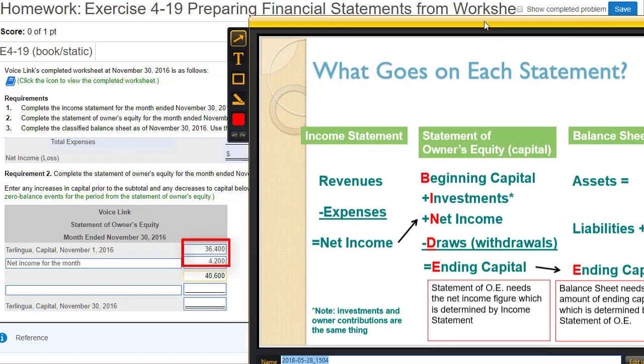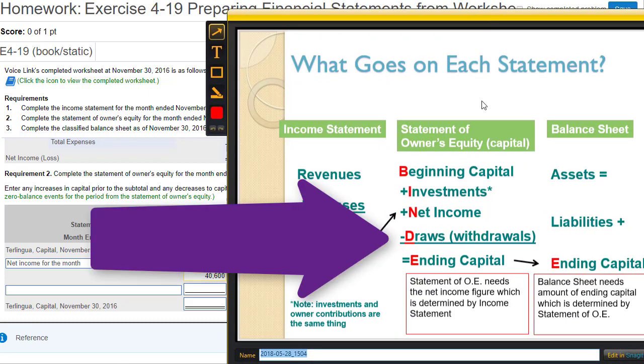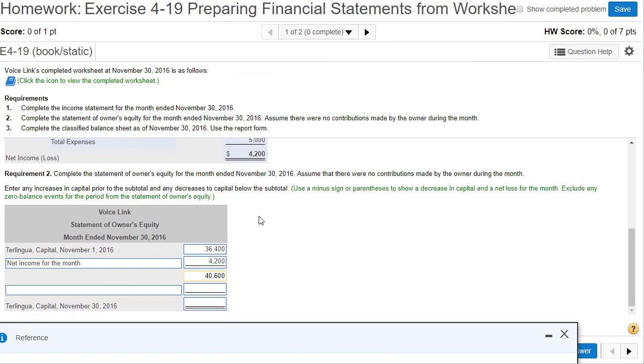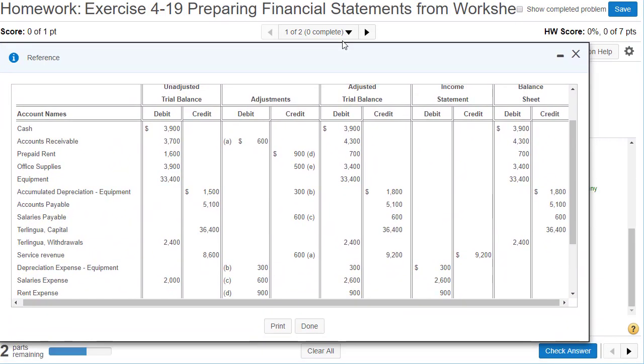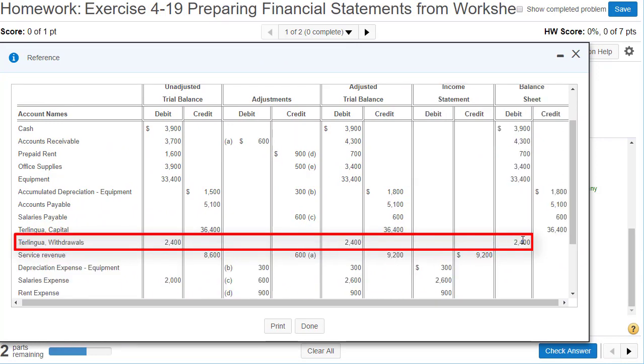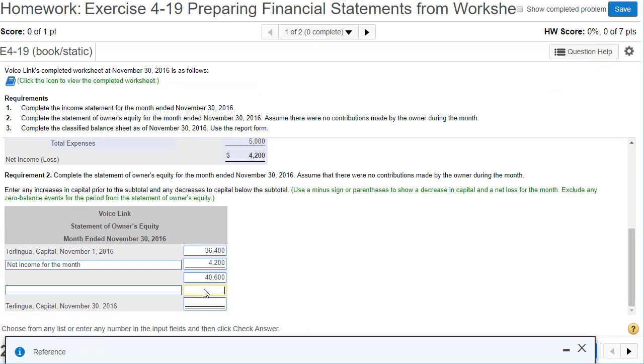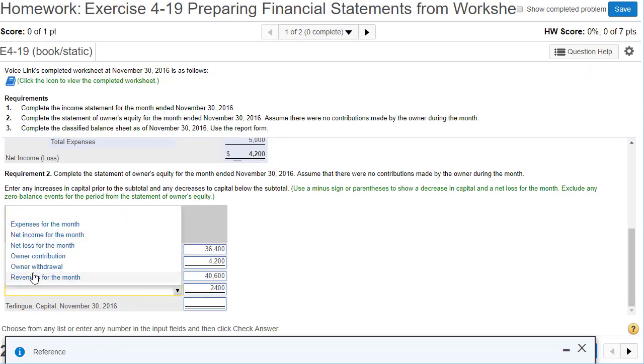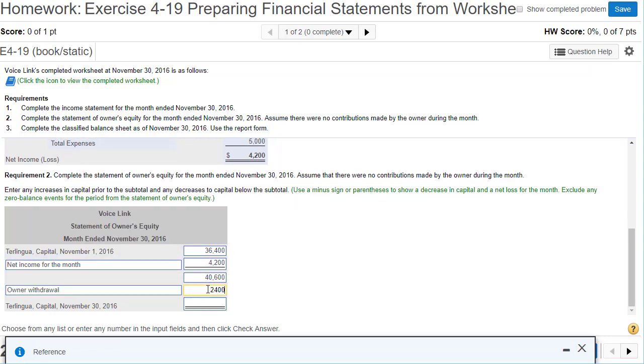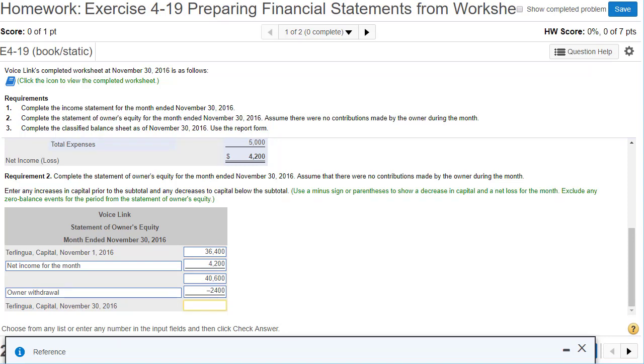And then the last thing we're going to do is subtract our draws, also known as withdrawals. So going back to our withdrawals right here. It looks like this $2,400 is our total withdrawals. Owner withdrawal. And to remind me to subtract that, I like to put in a minus sign. And then you can also do parentheses.